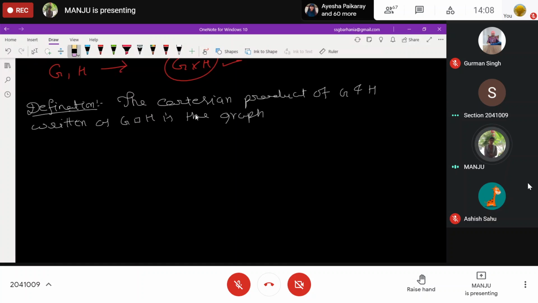So for drawing any graph, we need two sets. What are these? Vertex set and edge set. Yes or no? Yes, sir.